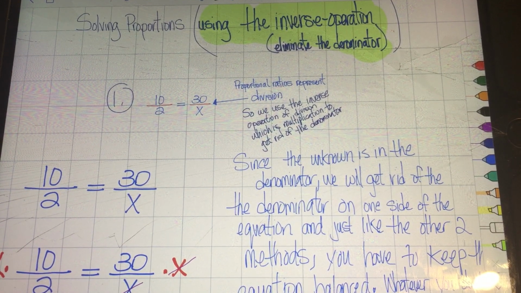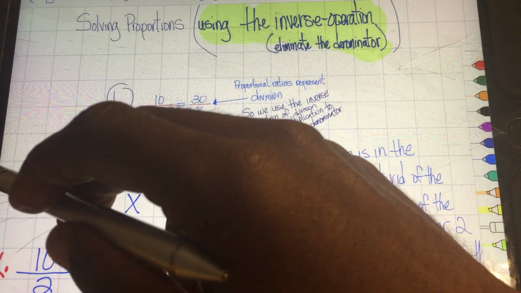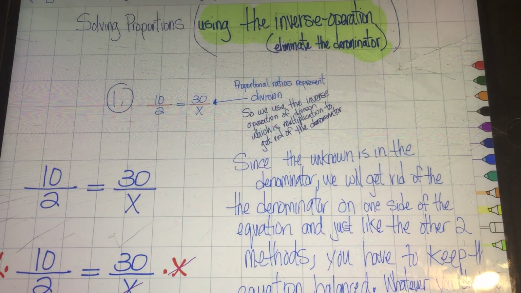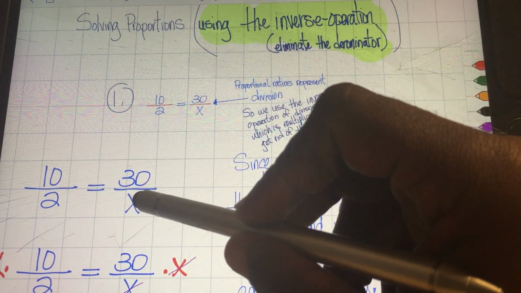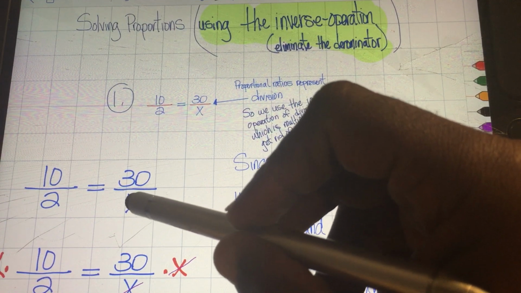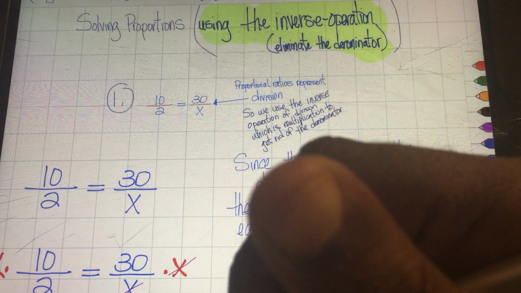And when we're talking about fractions and ratios, we are talking about the operation of division. This bar, this line represents division. And so the inverse operation of division would be multiplication. Why are we going to use multiplication? Because we see that we have our variable in the denominator and we want to isolate that variable, get it out of the denominator.